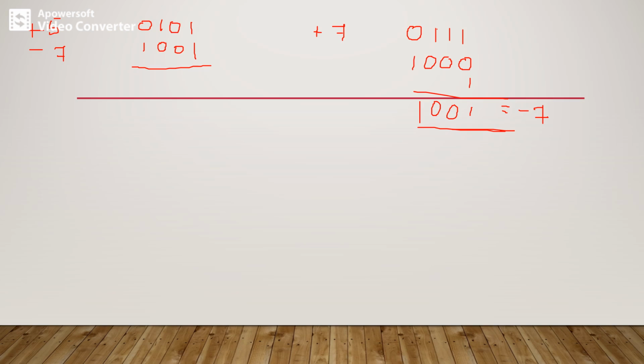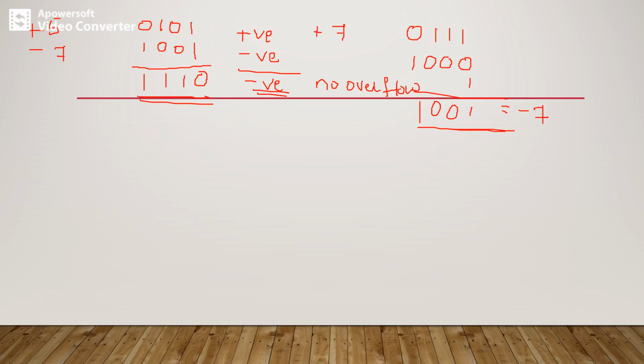So 1 plus 1 is 0. Here it is 1, here it is 1, here it is 1. So here we added one positive number and one negative number. The result is also negative, but there is no overflow.